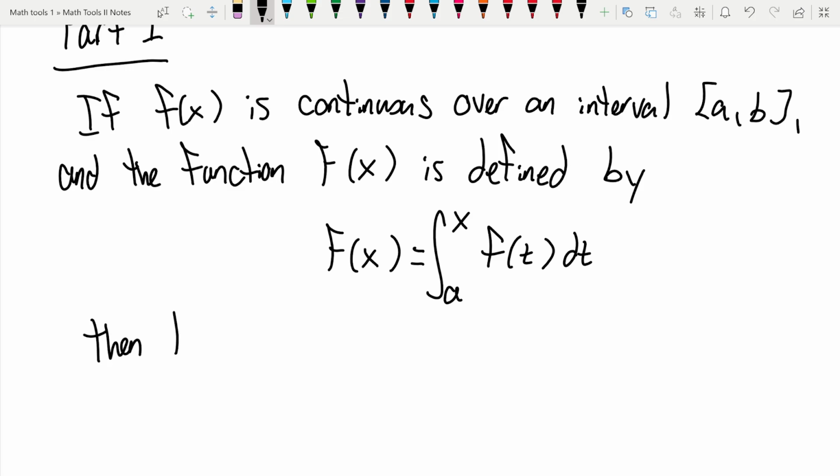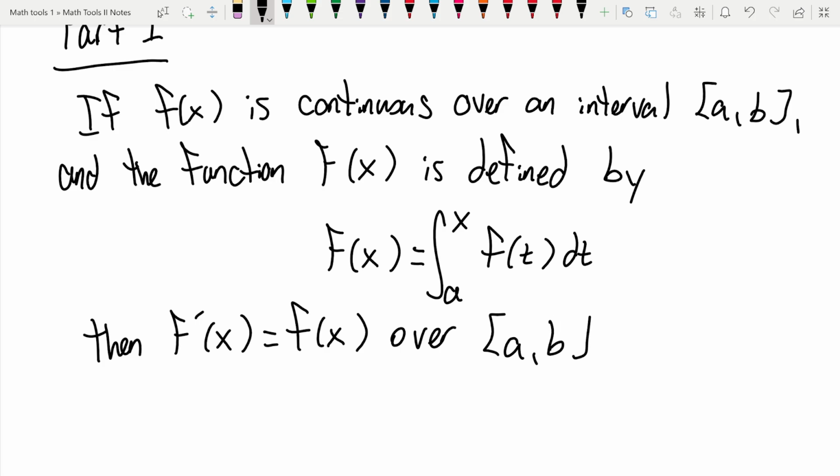Then F prime of x, so big F prime of x, is equal to little f of x over AB. Okay, so this tells us essentially that the derivative of the integral is the inner function, meaning that these are inverse functions of each other, at least in one direction, right?